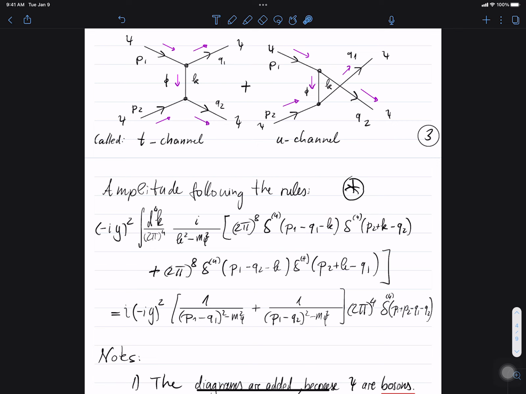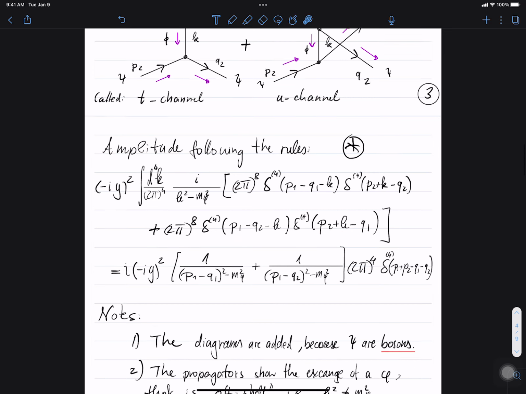So we have these factors here. And at the other vertex, we have k going in plus p2 going in, minus q2 going out. The same sums of the momenta give you the delta functions here.